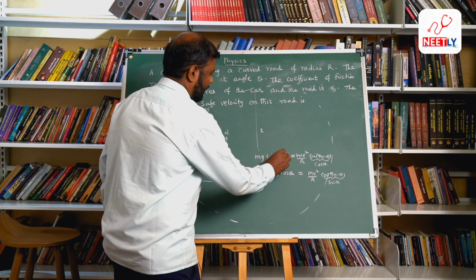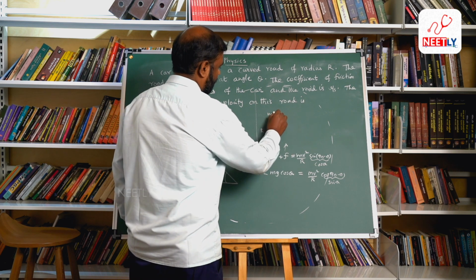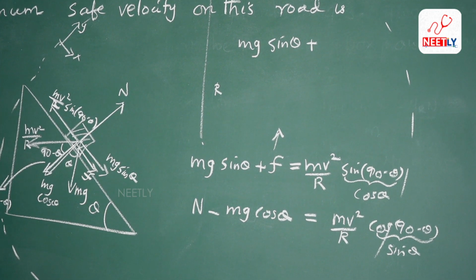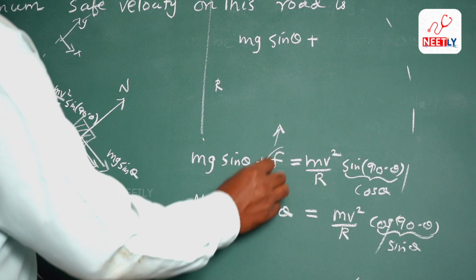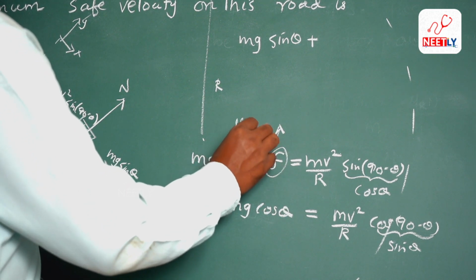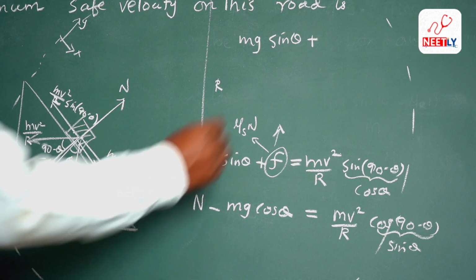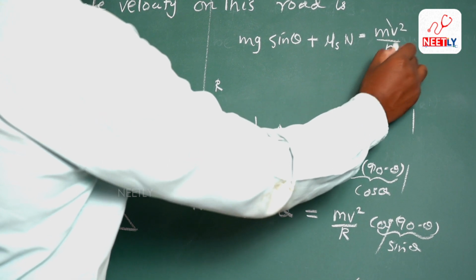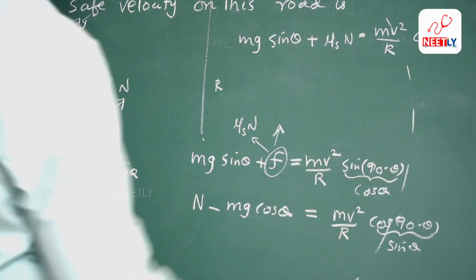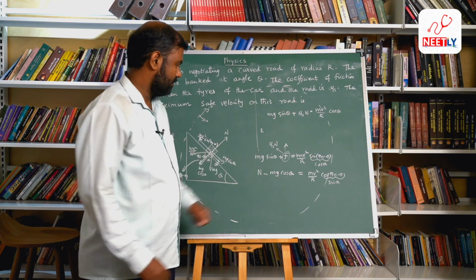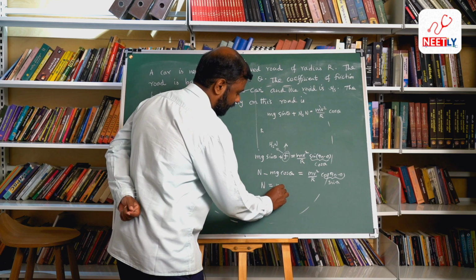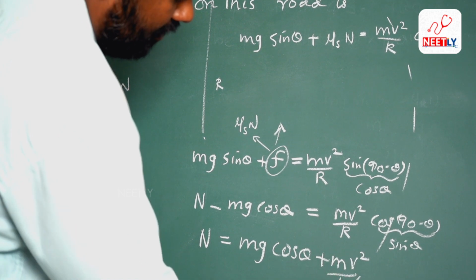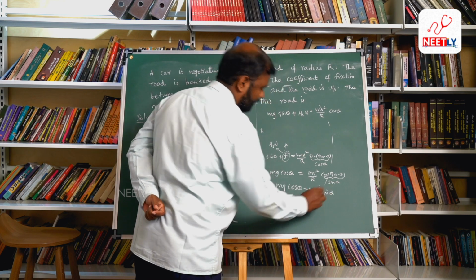So, this equation can be rewritten. What is the friction force exactly at the balanced condition? It will be mu s N, right. This f is nothing but mu s N. But we know N in terms of the other equation: N is equal to mg cos theta plus mv square by r sin theta.